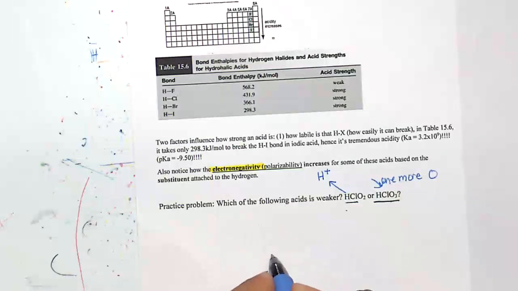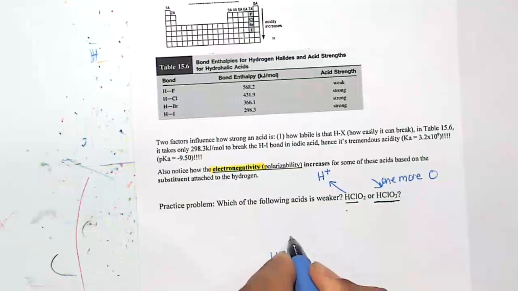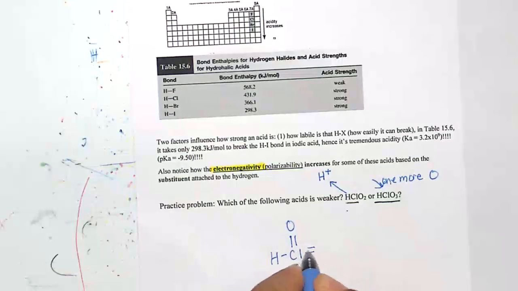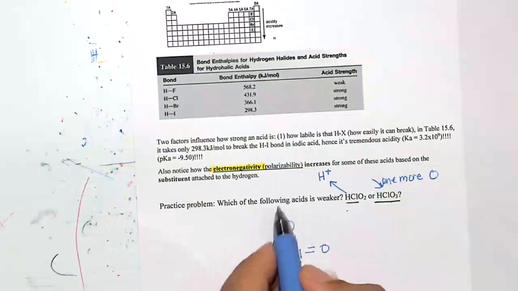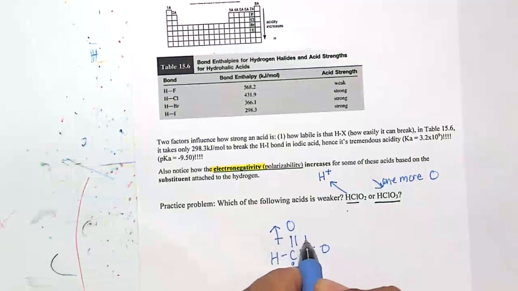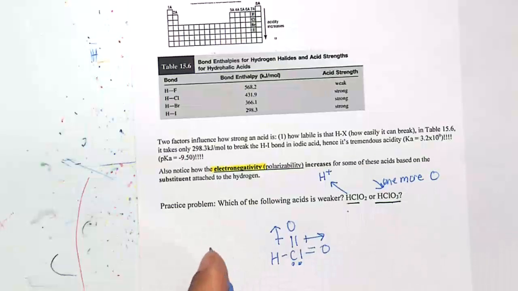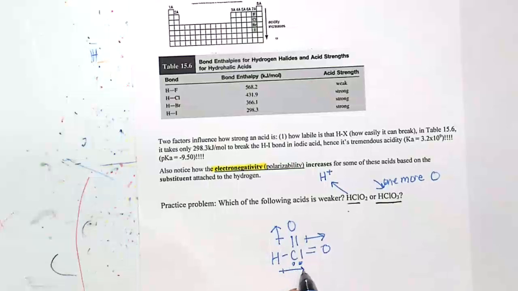So if I were to draw the structure of these, okay, they're pulling, and this chlorine is pulling and pulling. So eventually this H plus gets liberated.